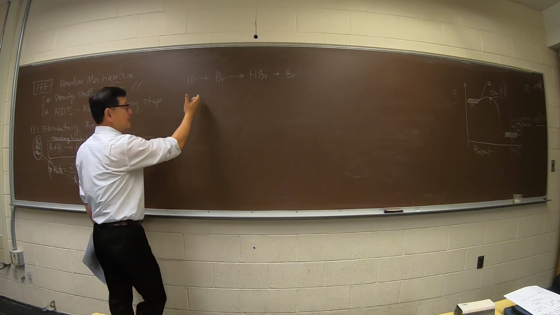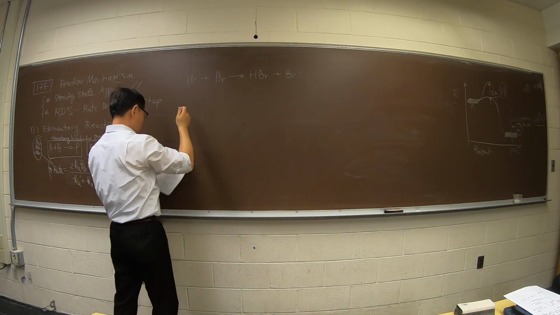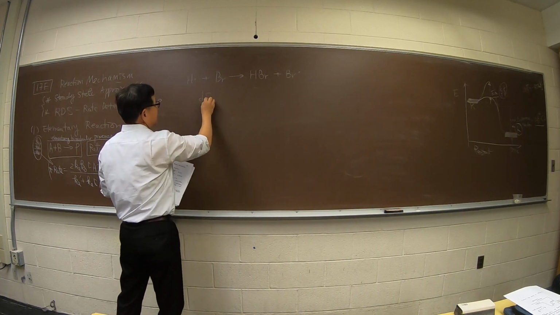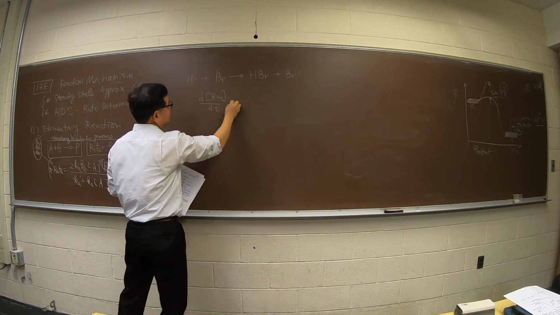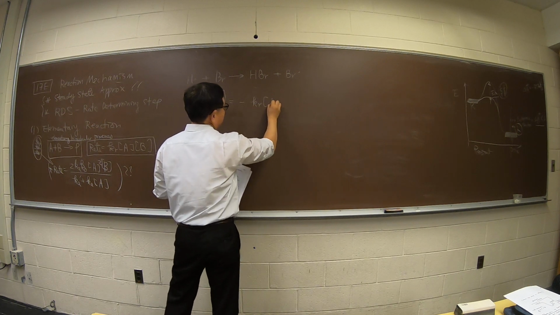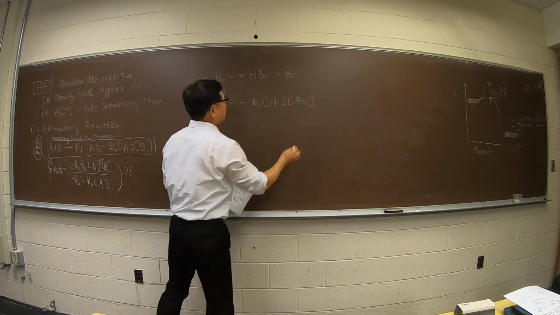And that one I can say is an elementary reaction, and then I can say d[Br]/dt, this is a rate. It's minus k_r [H][Br2]. I can write this.